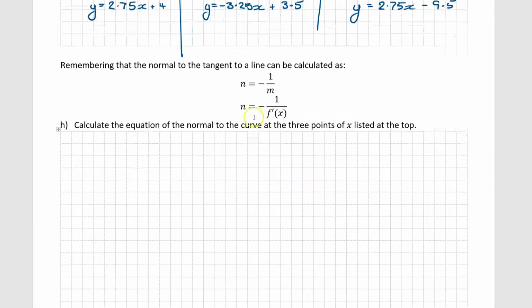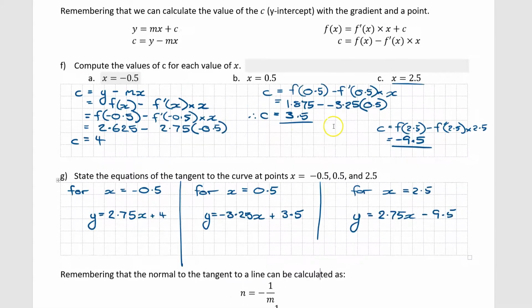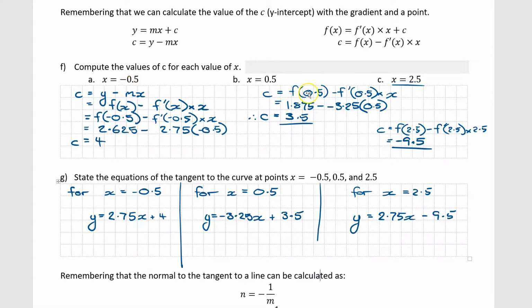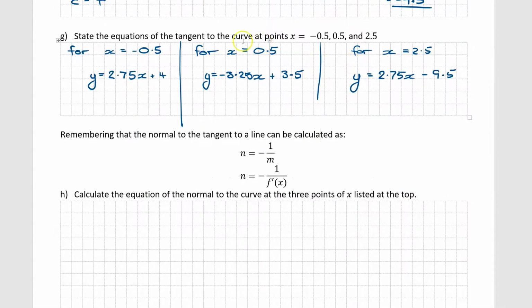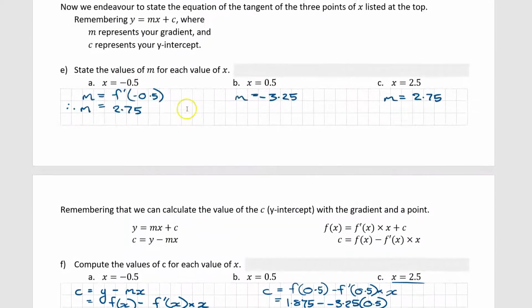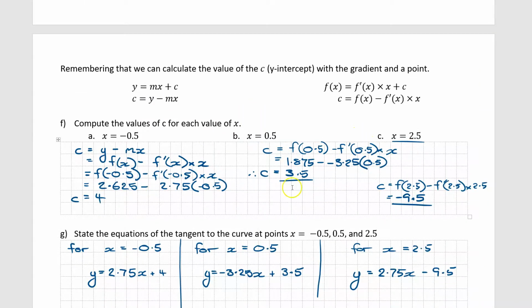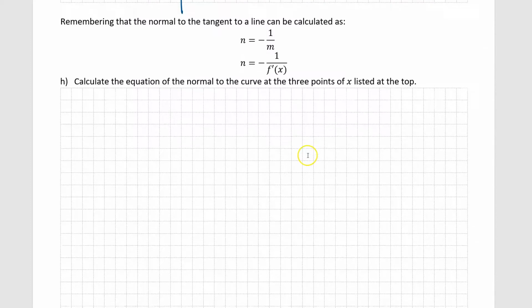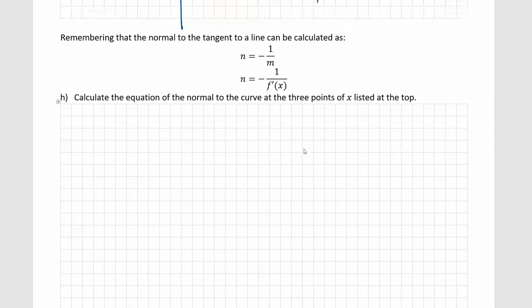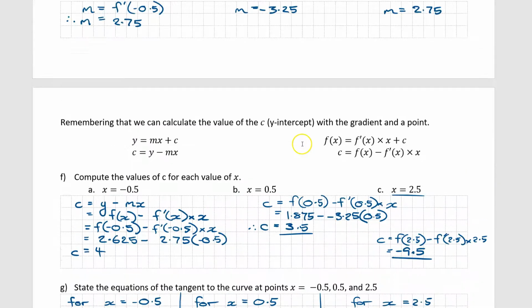So what we need to do is recalculate the gradients we're looking for, and then recalculate our values of c from here. So repeating the process, our first gradient was 2.75.